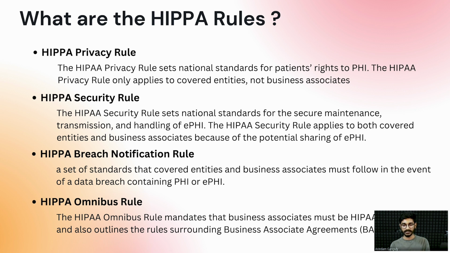Now, the privacy rule applies only to the covered entities, not the business associates. The reason is that the covered entities, as I said earlier, maybe the hospitals or the primary healthcare partners, have the most access to your sensitive information.